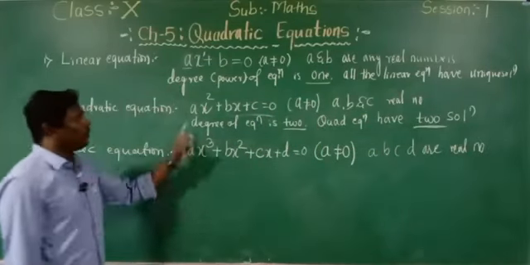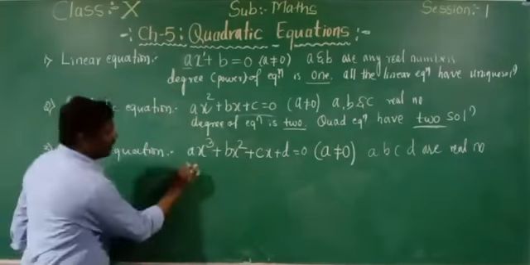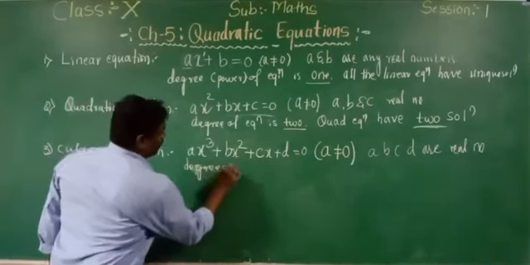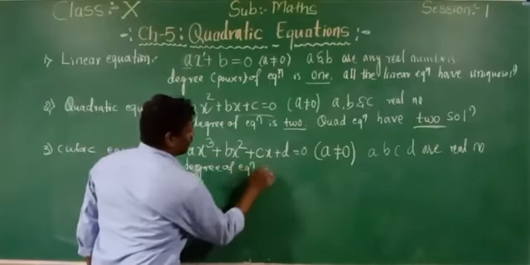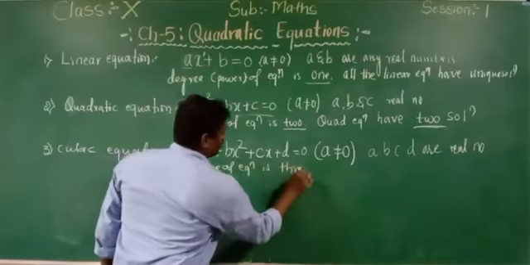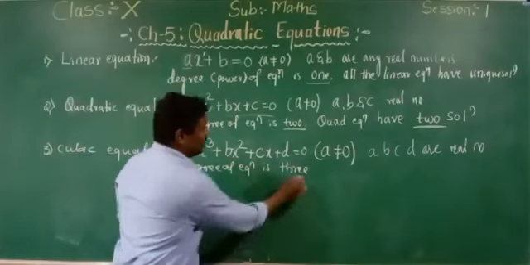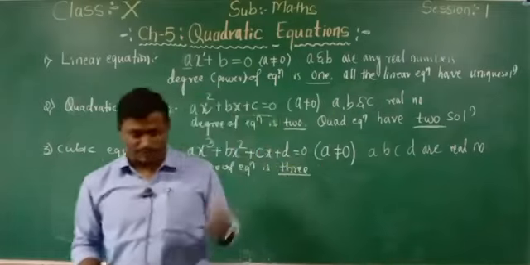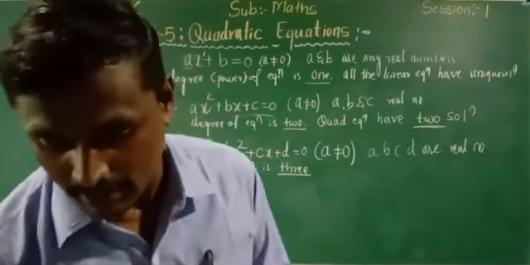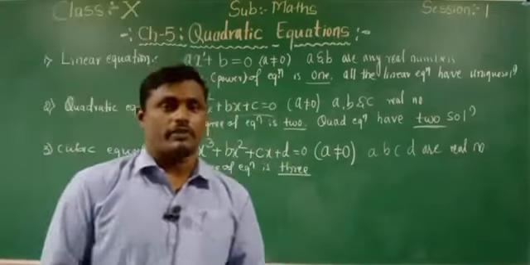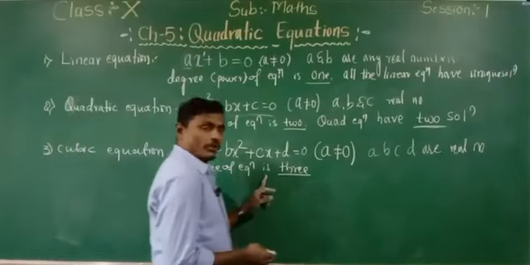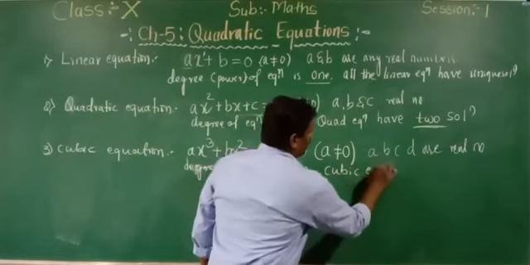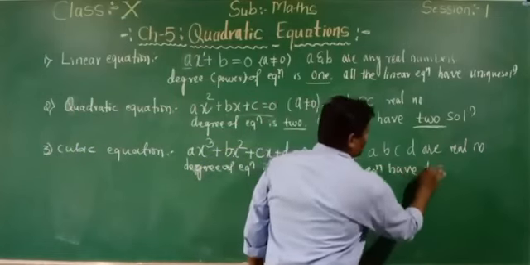And one more, the degree of the equation is 3. Now can you guess this? How many solutions exist in the cubic equation? Each and every cubic equation has 3 solutions.